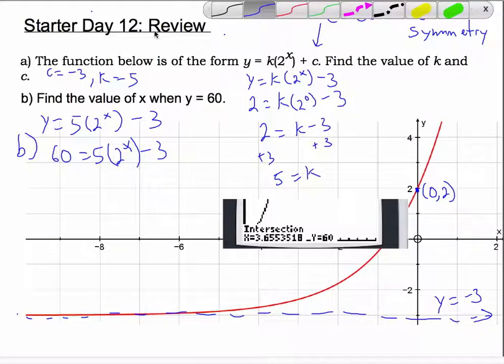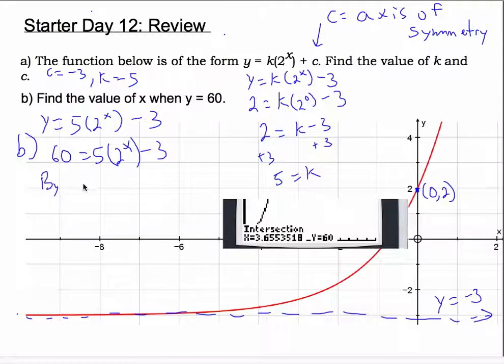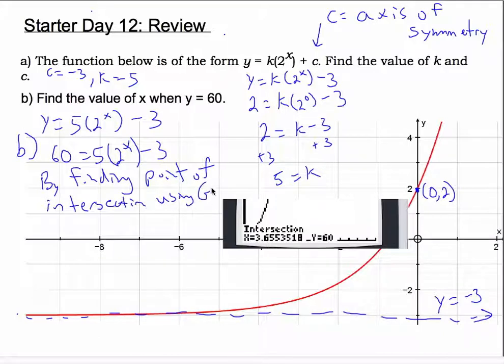So we're just interested in the x in this question. So we can say by finding the point of intersection using GDC, x equals 3.66 rounded to 3 significant figures.